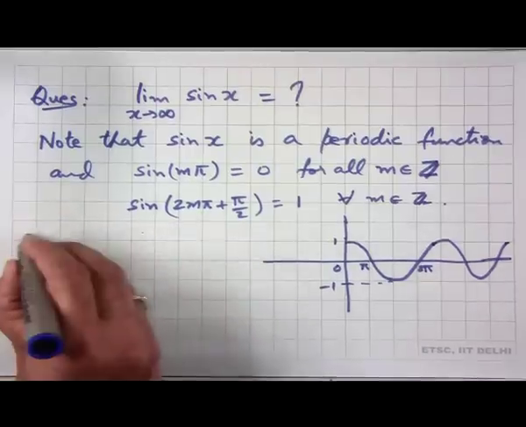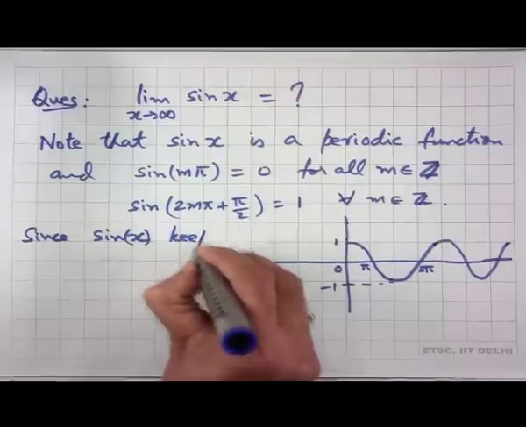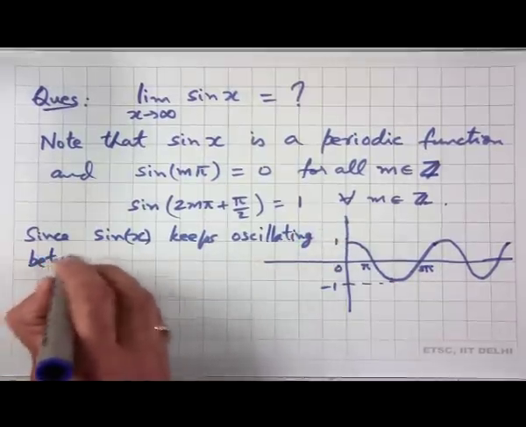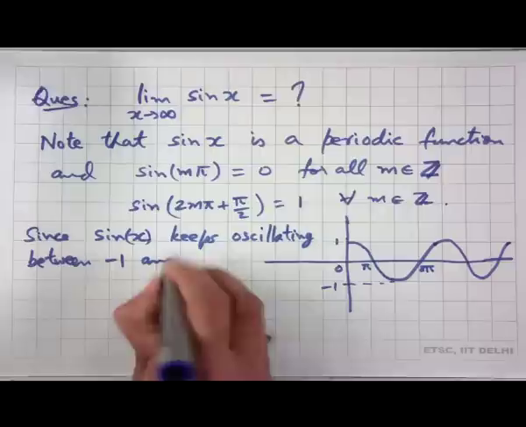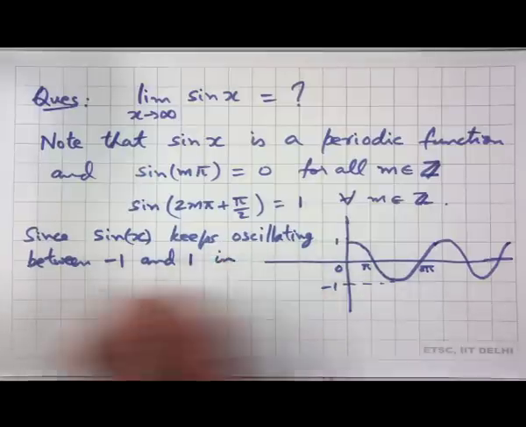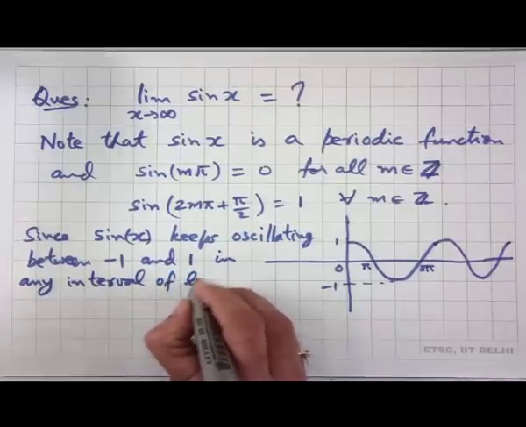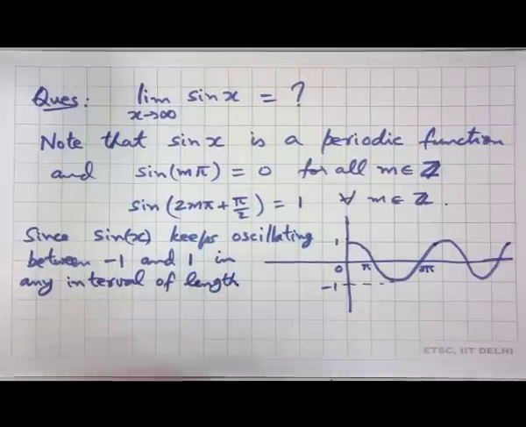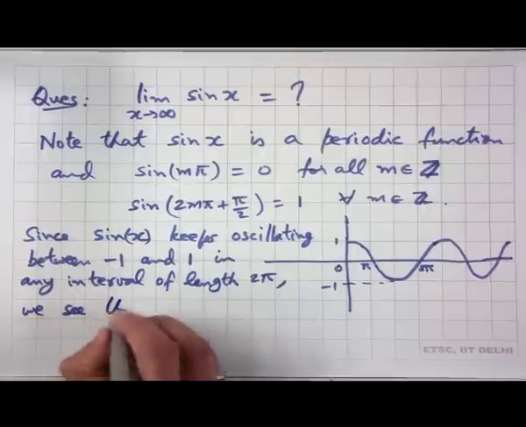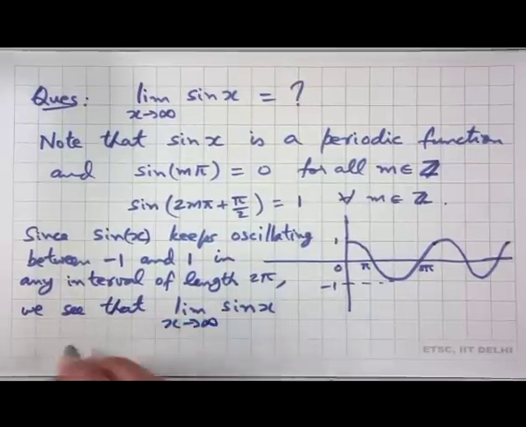So, in this case, since sin of x keeps oscillating between negative 1 and 1 in any interval of length two pi, we see that the limit of sin of x as x approaching infinity does not exist.